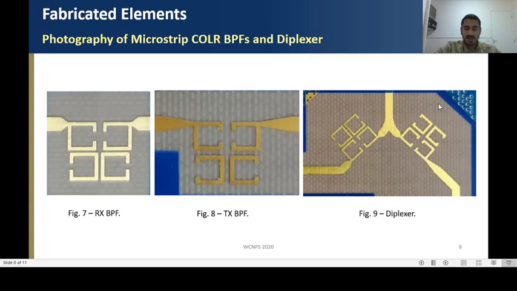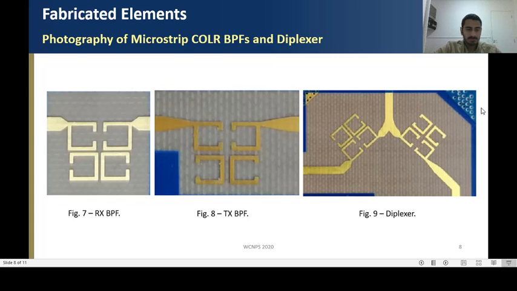In Figures 7, 8, and 9, we can observe a photograph of the fabricated elements. We can observe that the resolution of the manufacturing process was very good, and the aspect ratio of the resonators is also very good.